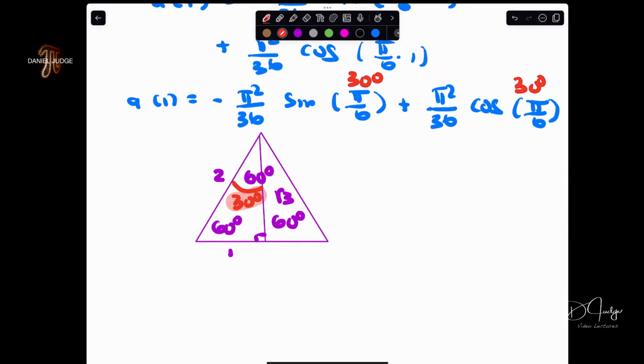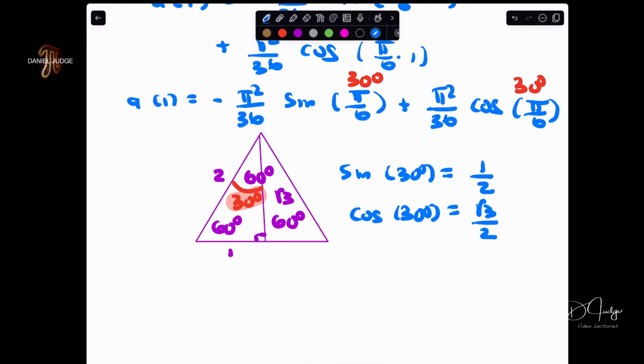So what we can say now is sine of 30 degrees becomes, definition of sine, opposite over hypotenuse. Cosine 30 degrees is going to be adjacent over hypotenuse. So replace this number here with 1/2, and replace this number here with square root of 3 over 2.